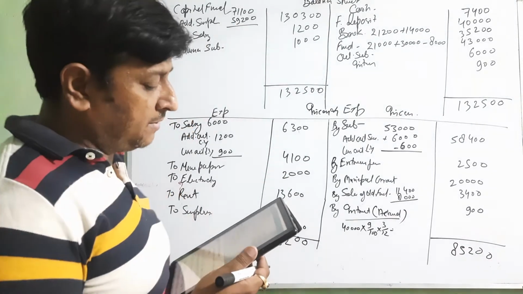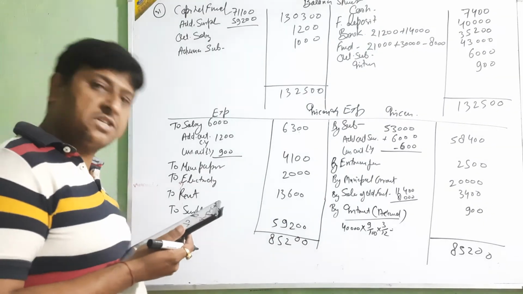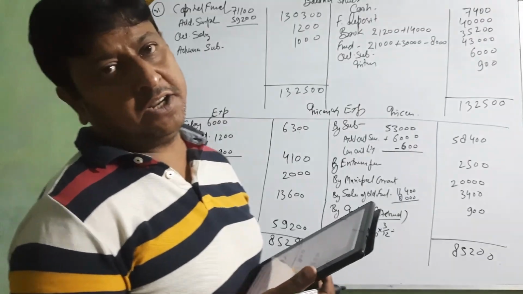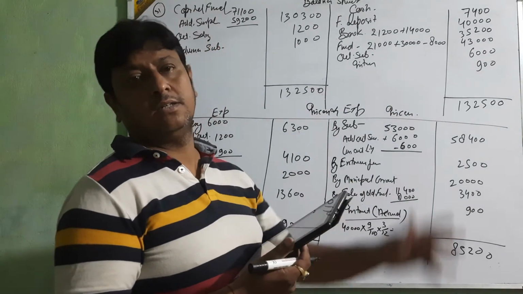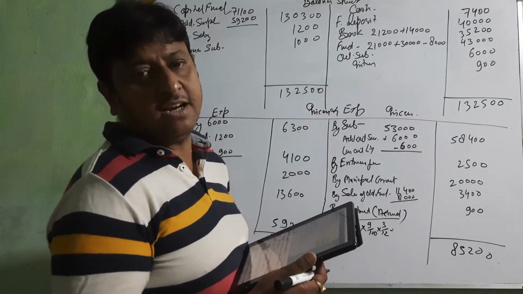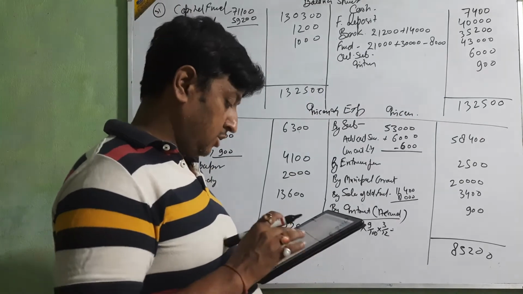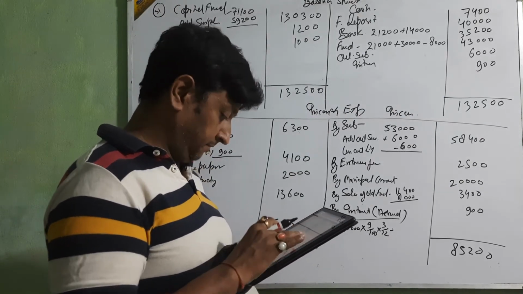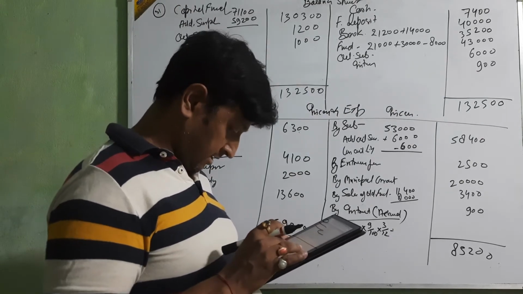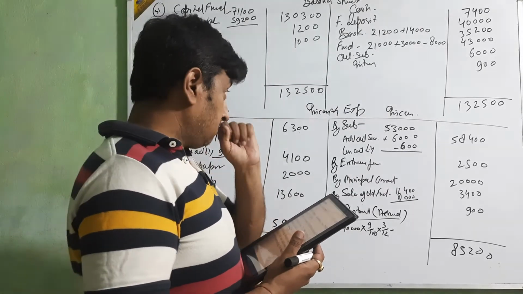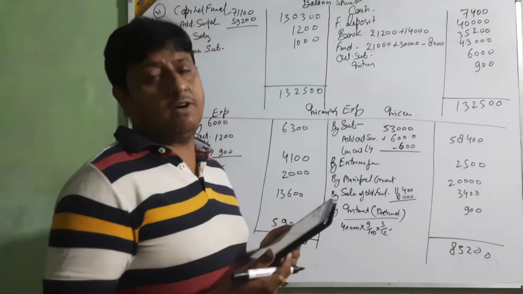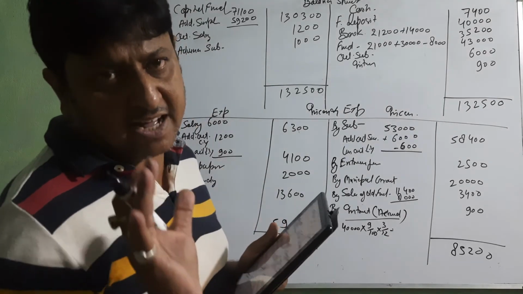Subscription is given for 15-16, 16-17 and 17-18. That 17-18 is for the next year. That is advance. So where are we showing that? In the balance sheet as an advance subscription. Okay, beta? Clear?